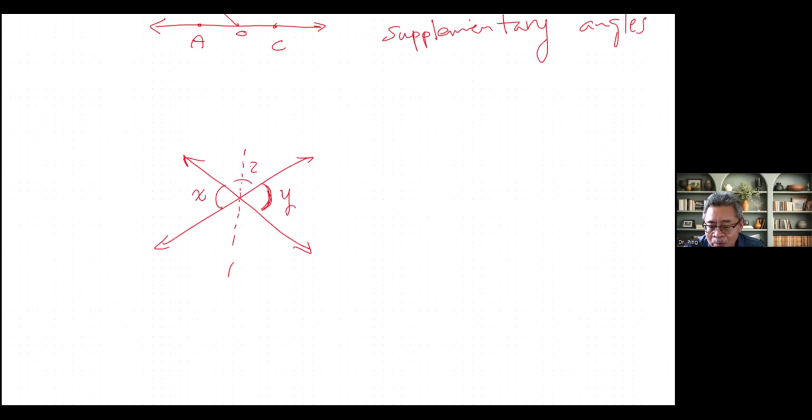Well, one thing we know is that angle x and angle z are on this line here. So x plus z is 180. And also on this line we have z plus y equals 180.